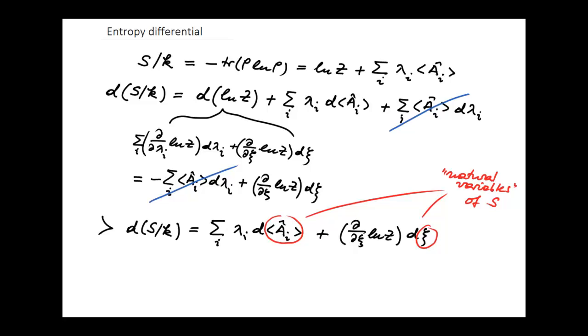Now since the entropy differential appears as a linear combination of differentials of the AI expectation values and of the control parameter psi, this indicates that the AI and the psi are the natural variables of S. The lambda, the coefficient in front of the d AI, must obviously be the partial derivative of S with respect to AI, keeping all the other AIs and the psi fixed.